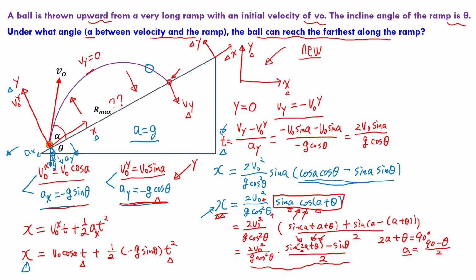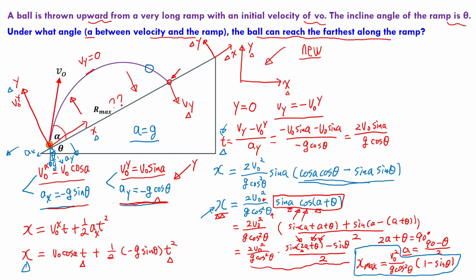Under this angle, my maximum displacement equals V0 squared divided by g cosine theta squared times 1 minus sine theta. That's it. And we can evaluate to see if this equation makes sense.